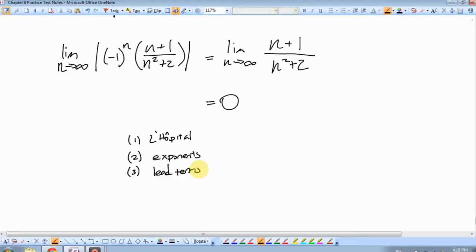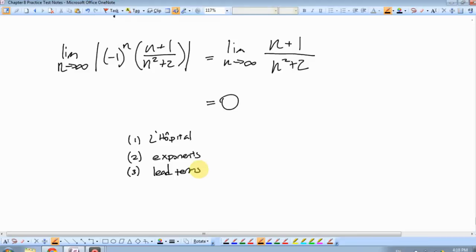Can you explain the exponents, please? The numerator has a degree of 1. The denominator has a degree of 2. Since the denominator has more power than the numerator, the limit is 0. If they're the same, then it's just a coefficient, but if the numerator is more, it's infinite.